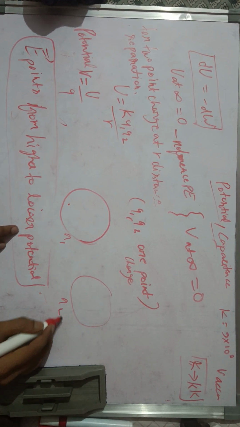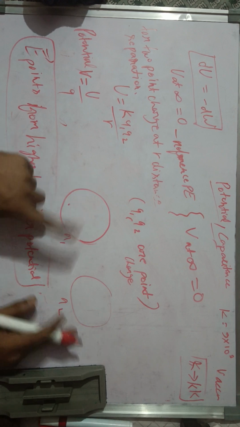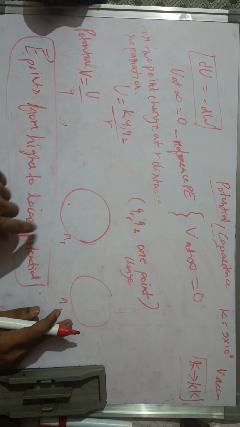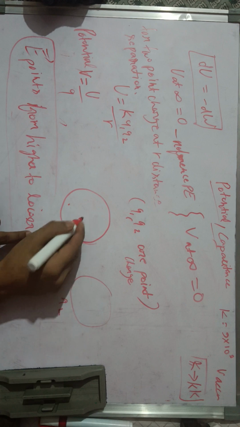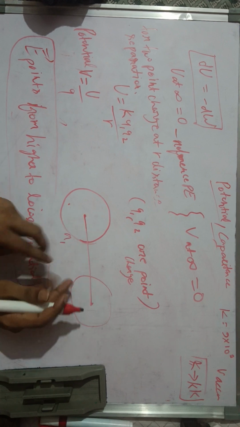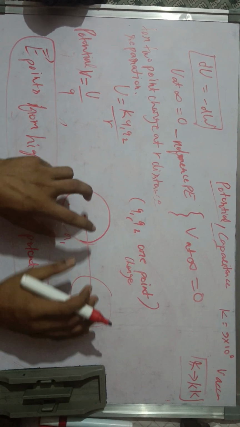This is q1, this is q2, or they can be solid or hollow spheres of uniform charge, and they are not coinciding.